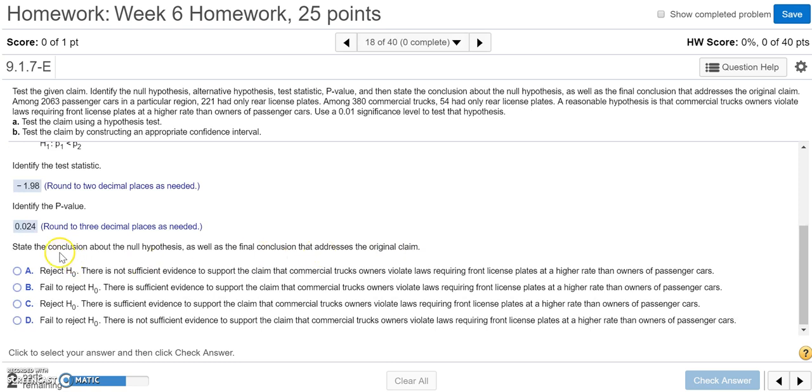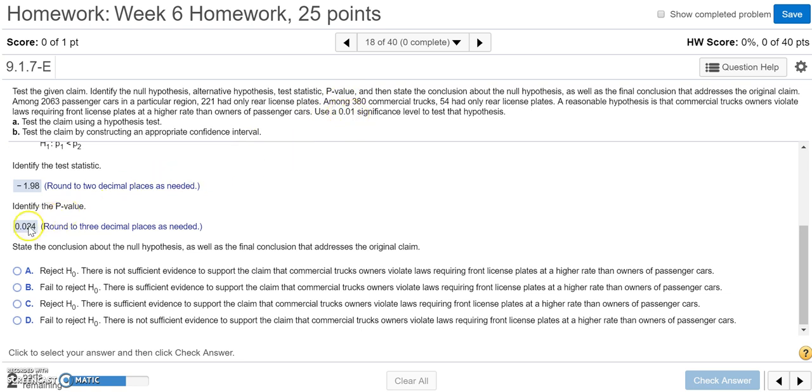So now we are asked to state a conclusion about the null hypothesis as well as a conclusion about the original claim. What I notice here is my p-value is 0.024. That value is larger than my significance level, which was 0.01.